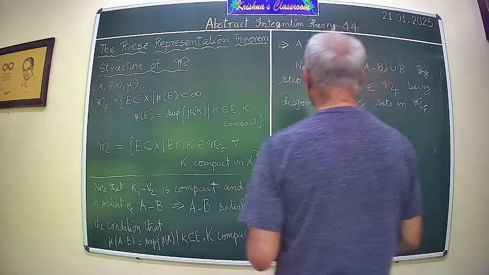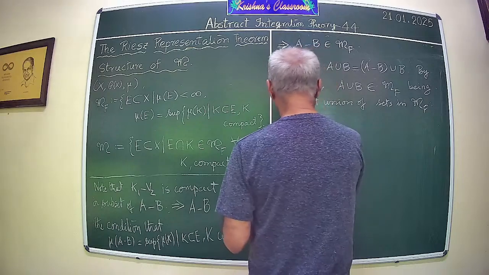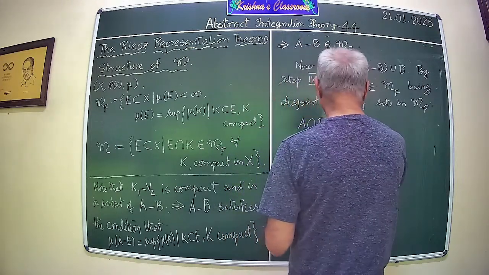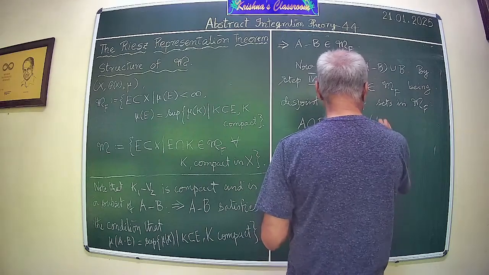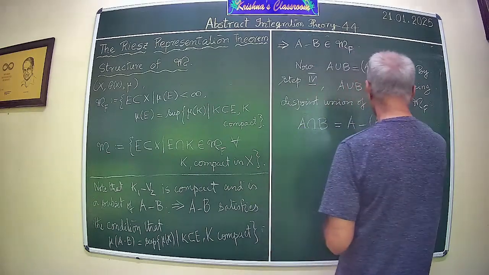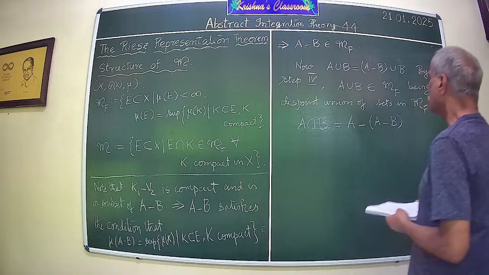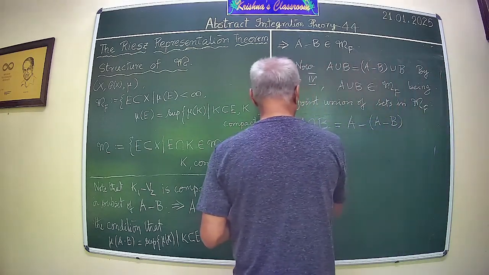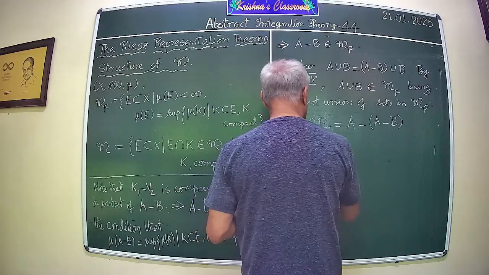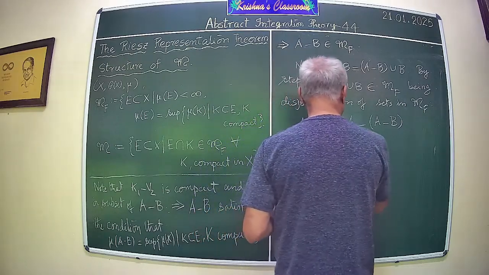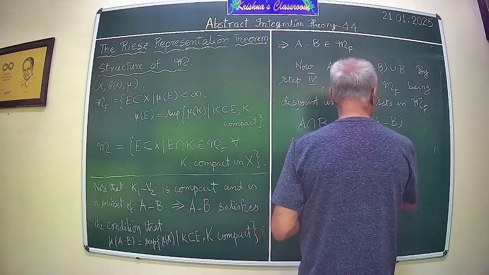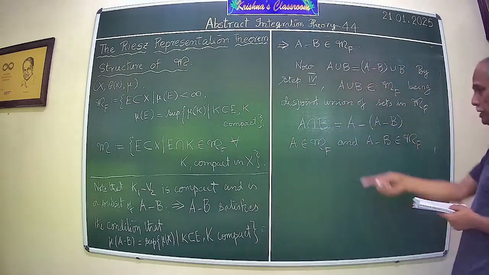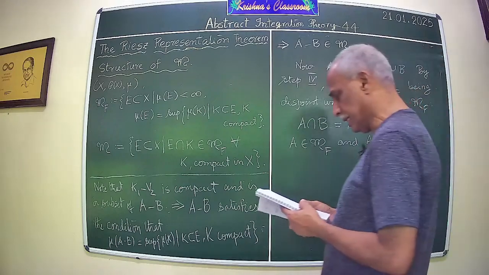So we take A intersection B. A intersection B is equal to A minus (A minus B). Now you see that A minus B, A belongs to MF, by what we have already put in the beginning.